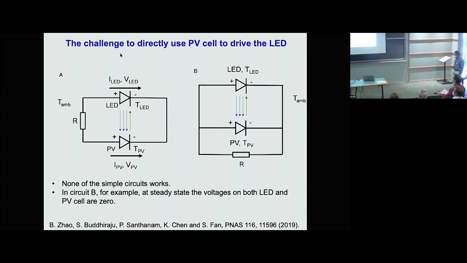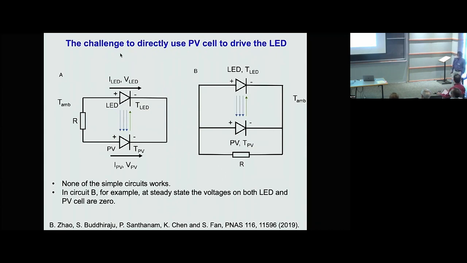In other words, you can say, well, let me just directly connect the output of the photovoltaic back to the LED, and you can do that either in series with a resistive load or in parallel with a resistive load. In both cases, you can show that you would not gain any more power as compared to a standard thermal photovoltaic system.